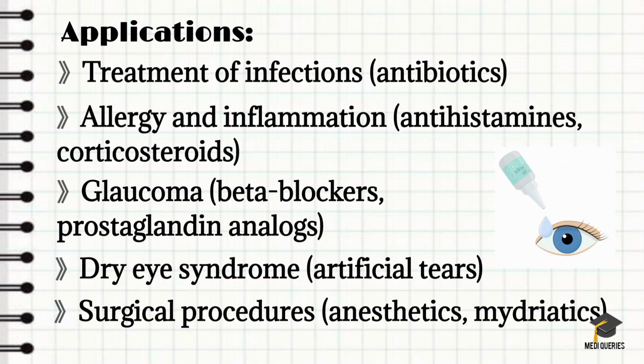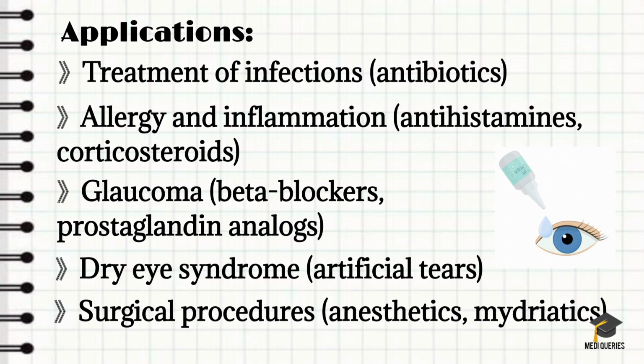Example: antihistamine drops, mast cell stabilizers, that is ketotifen. And next one is the anti-inflammatory uses in order to reduce the inflammation after the surgery or the injury. Example: steroidal drops like prednisolone, and non-steroidal anti-inflammatory drugs, NSAIDs, like ketorolac.